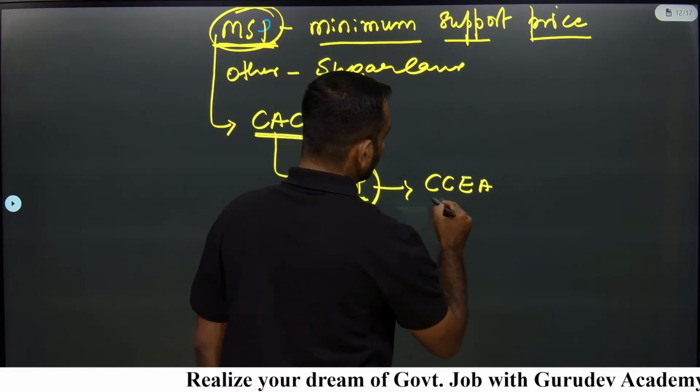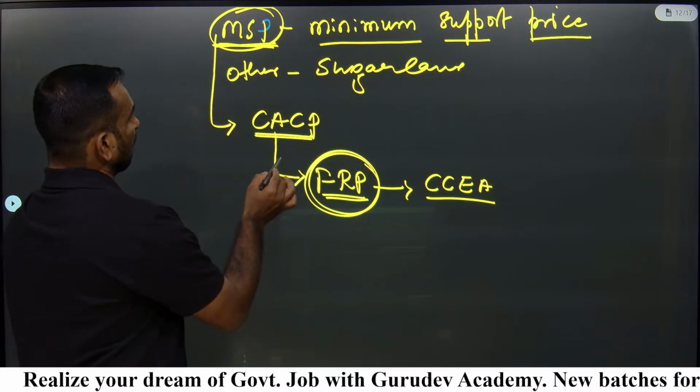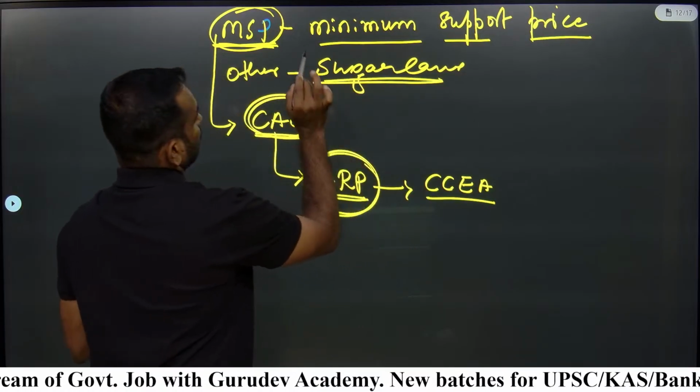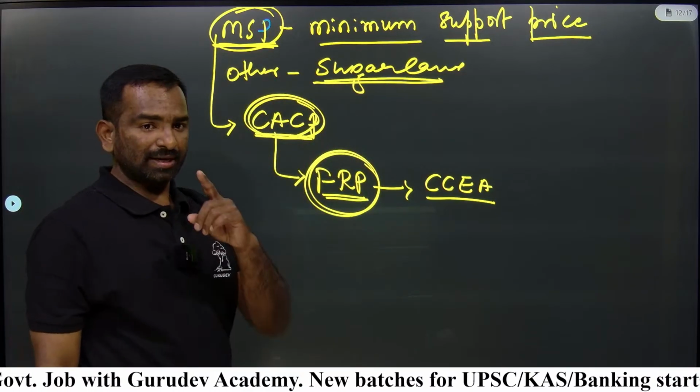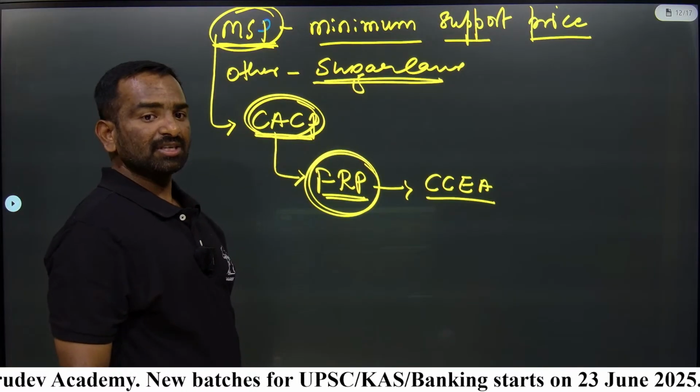MSP is decided by the CACP, and sugarcane is not included in the MSP. We'll discuss that later.